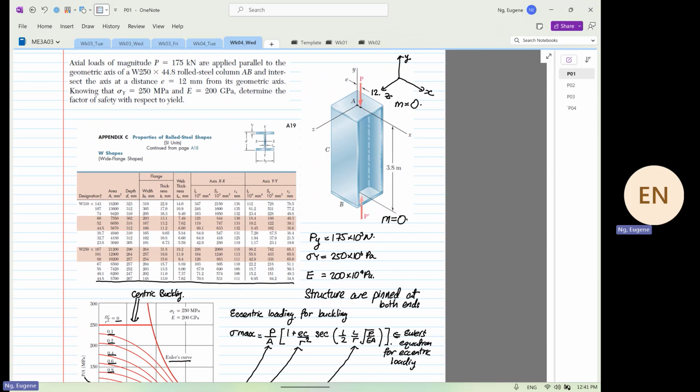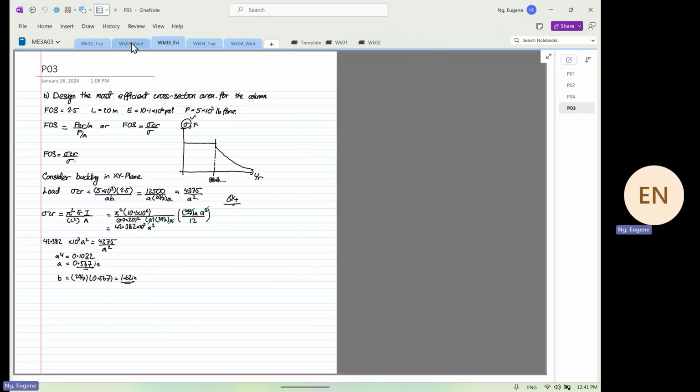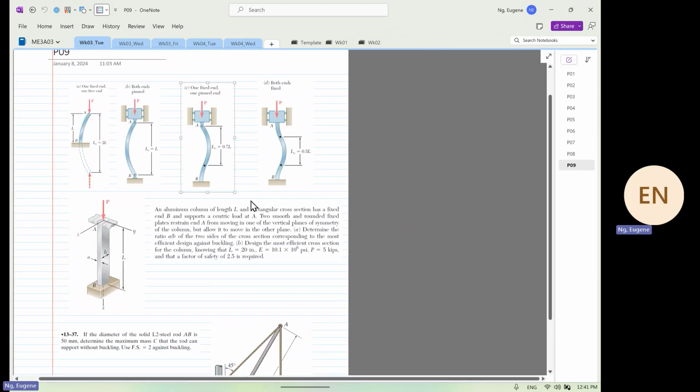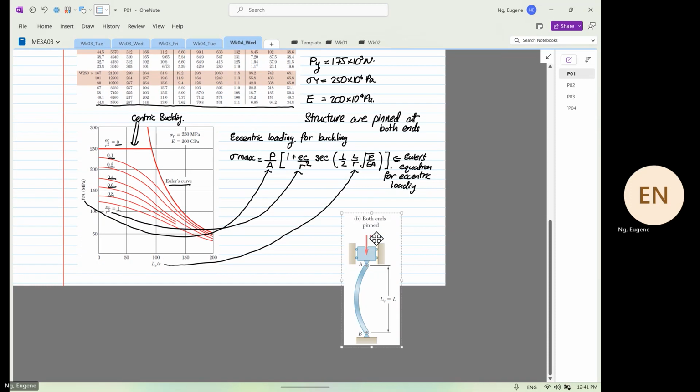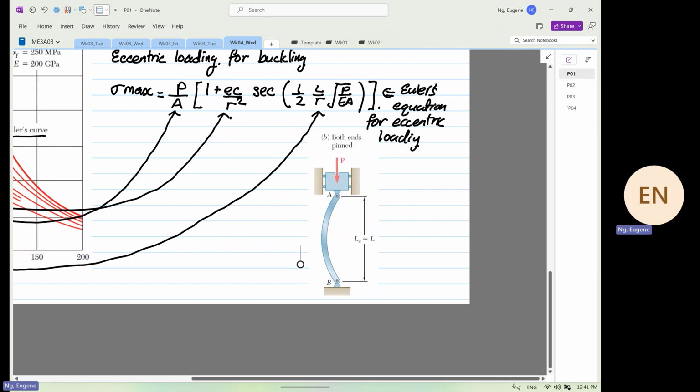How many of you are satisfied with that answer? None of you are. So if we were to go back to week 3, or someone told me it's on Wednesday, or on Tuesday? If you look at this now, the structure is pinned at both ends because the moment over here is equal to 0, and the moment over here is equal to 0.